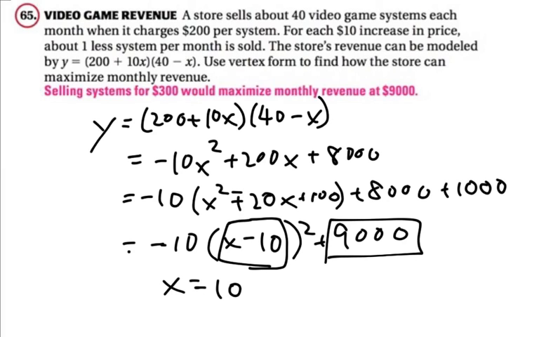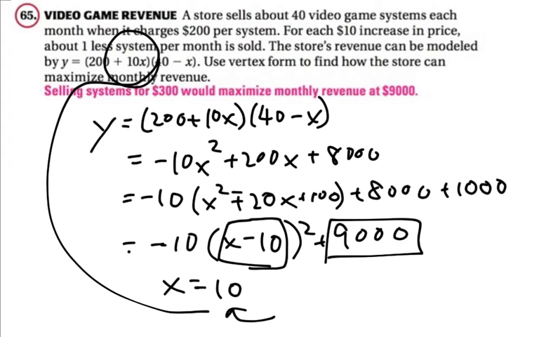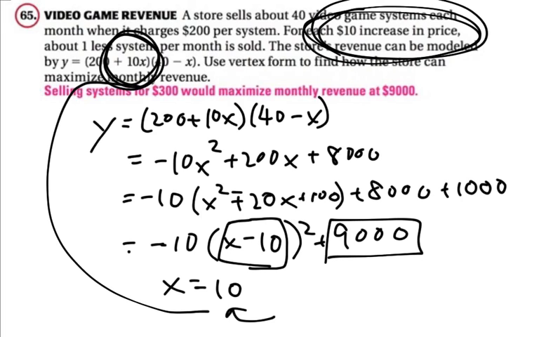Now, the question she figured out how to answer when you were doing your quiz, so she didn't get to explain it to you, is that this 10 means how many times you increase the price by $10. So this 10 means that we're going to increase $10, 10 times. So 10 times 10 is increasing by 100.